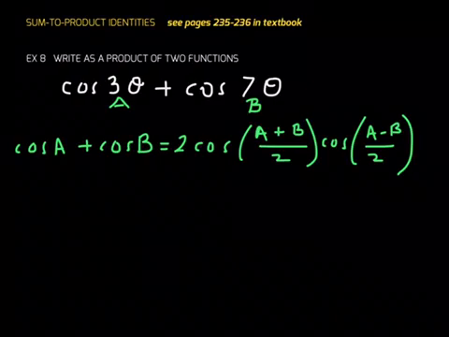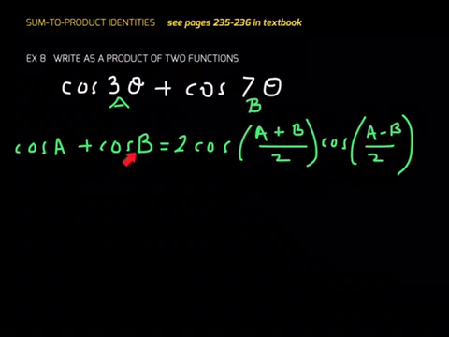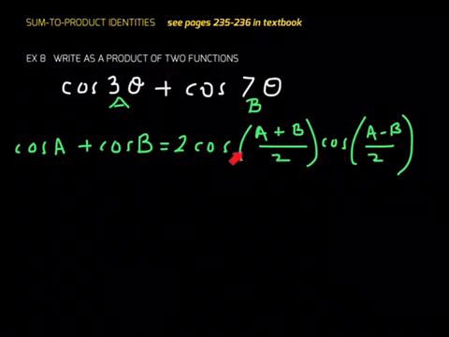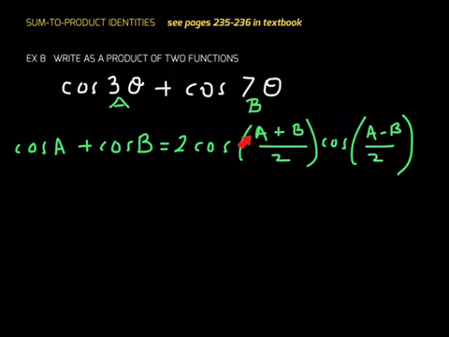Okay, guys, here we go. Since they gave us cosine of 3 theta plus cosine of 7 theta, which looks awfully like this left-hand side, we're going to rewrite the given expression as the right-hand side, like this. This is the pattern you and I are following. Cosine of 3 theta plus cosine of 7 theta is going to be equal to all of this. Wherever I see an A, I'm replacing that with 3 theta, and wherever I see B, I'm replacing it with 7 theta.